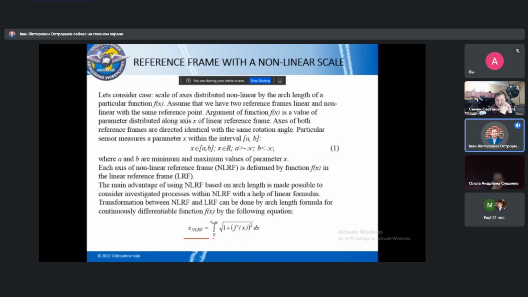And we propose to use the following relation between linear and non-linear function. In this case, by this integral, we just count the length of the non-linear function from the reference point of the Cartesian reference frame.